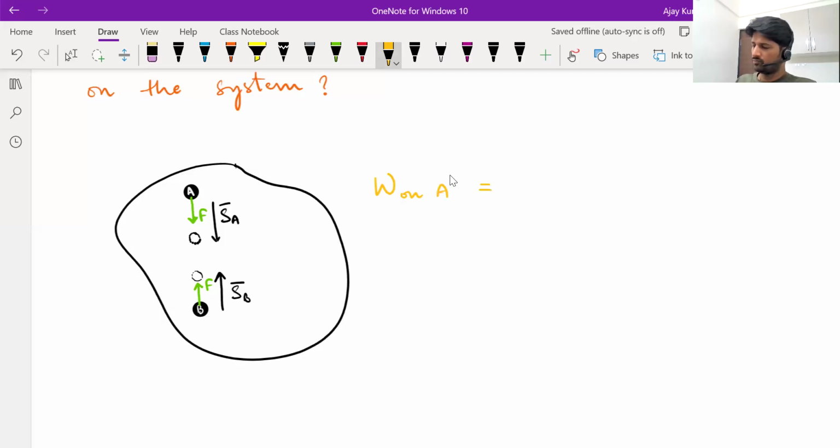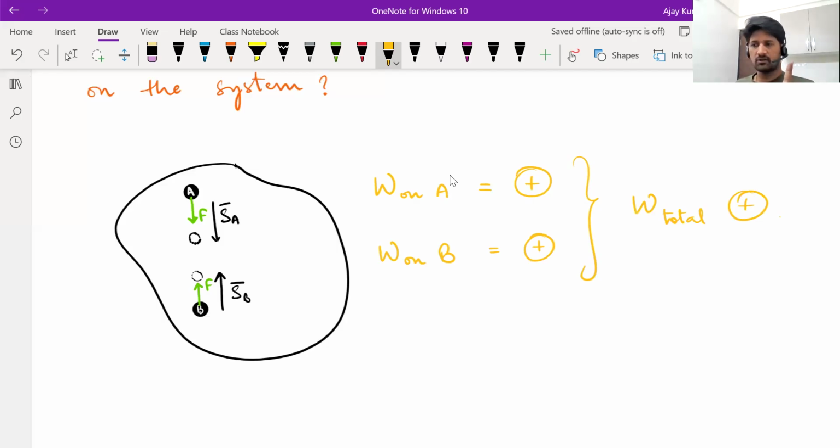Positive. What is the sign of work done on B? Positive. Then what is the sign of total work done? Is it zero, positive, or negative? Definitely it is positive. Internal forces can do net work on a system.